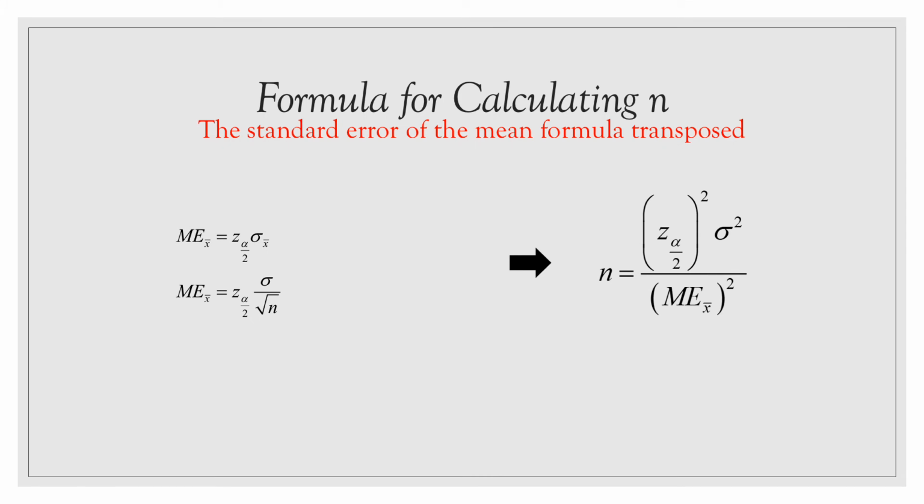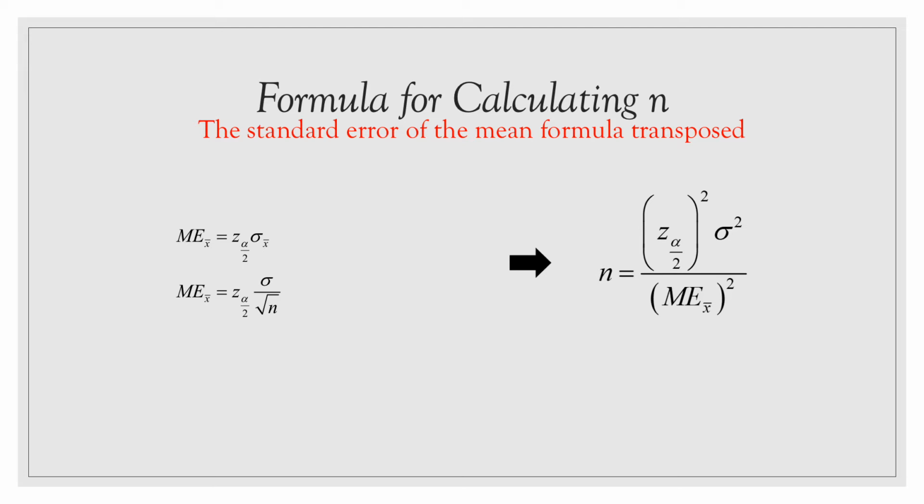Here's the formula for calculating N, the sample size. Please note that this is not a new formula. This is the same formula which we used to calculate the margin of error of our sample means in the previous video. And this is taking our z critical and timesing it by our standard error of the mean.